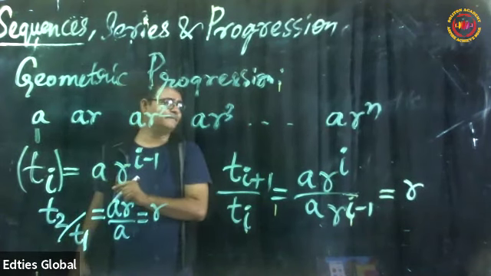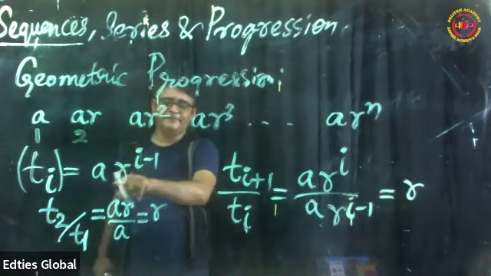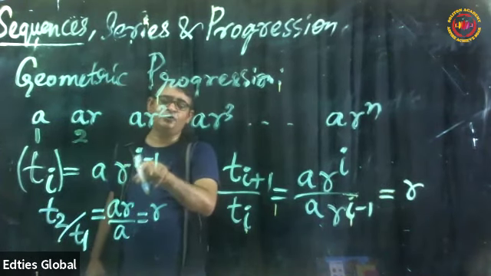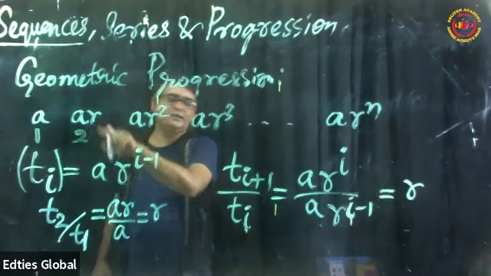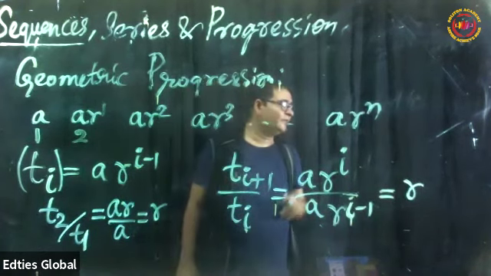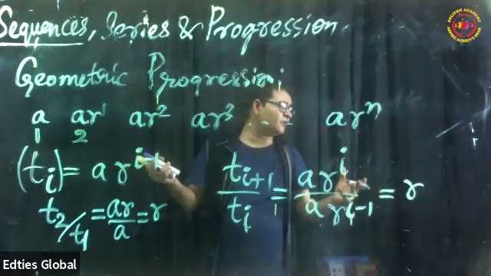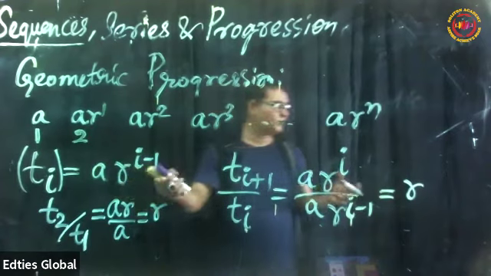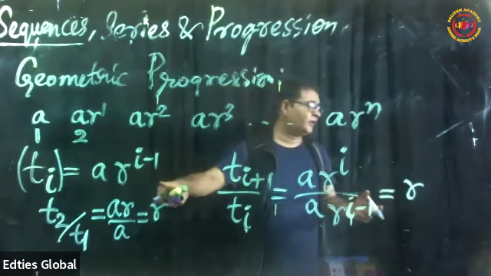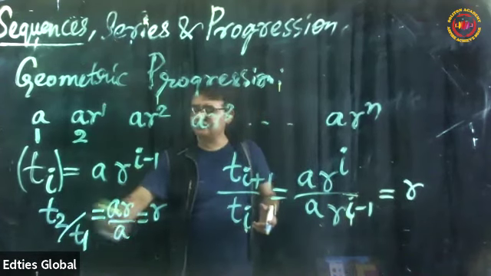The second term is A into R to the power 2 minus 1, which is R to the power 1. And so on. This is how a geometric progression looks like. If somebody asks what is the ith term, you write like this. Every next term has this ratio.